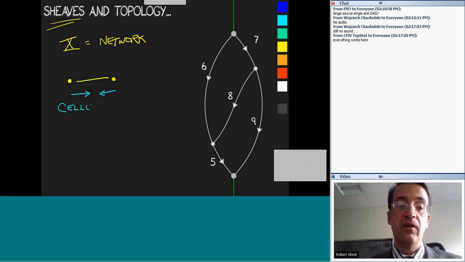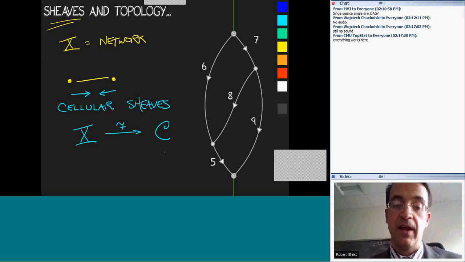We're going to use sheaves for the rest of the talk, and in particular, cellular sheaves, by which I mean functors that go from X, thought of as a cell complex in this way, to some category of data. In the way that he and I did with the MAXFLOW-MINCUT theorem, this category of data was vector spaces over some field.